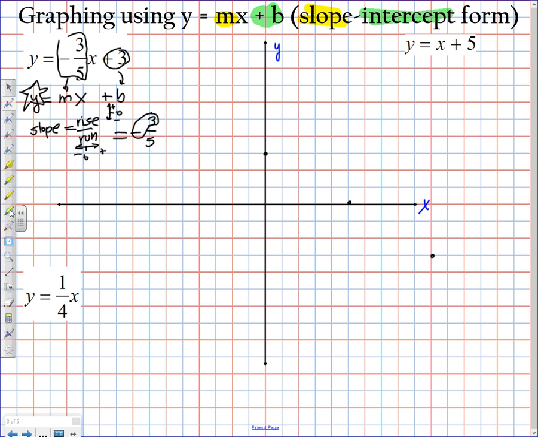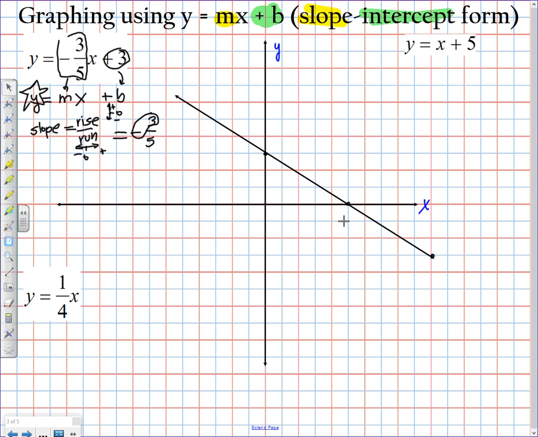Now draw a line between them, and that'll be my answer. If I connect these points, this will be my graph. That is the answer. The point is not in the right place. It should be right about there.